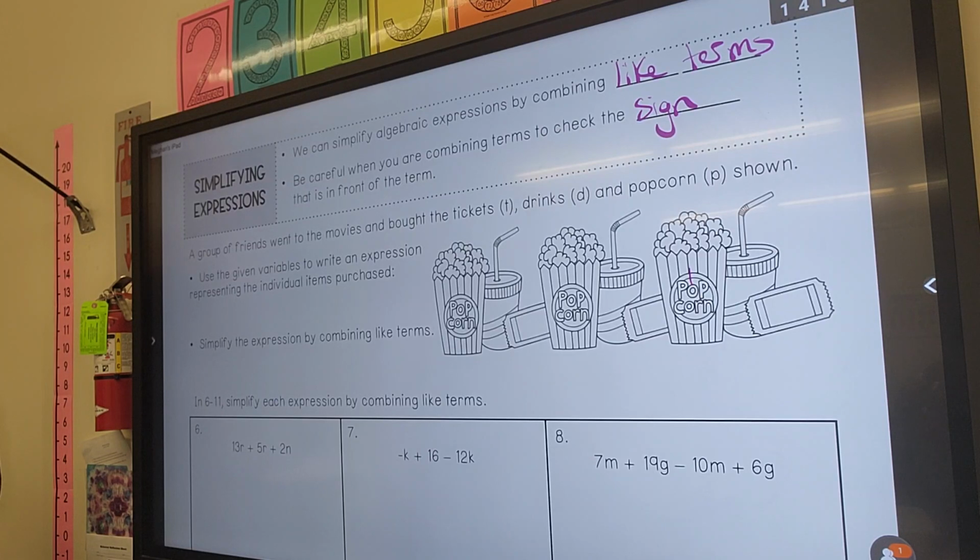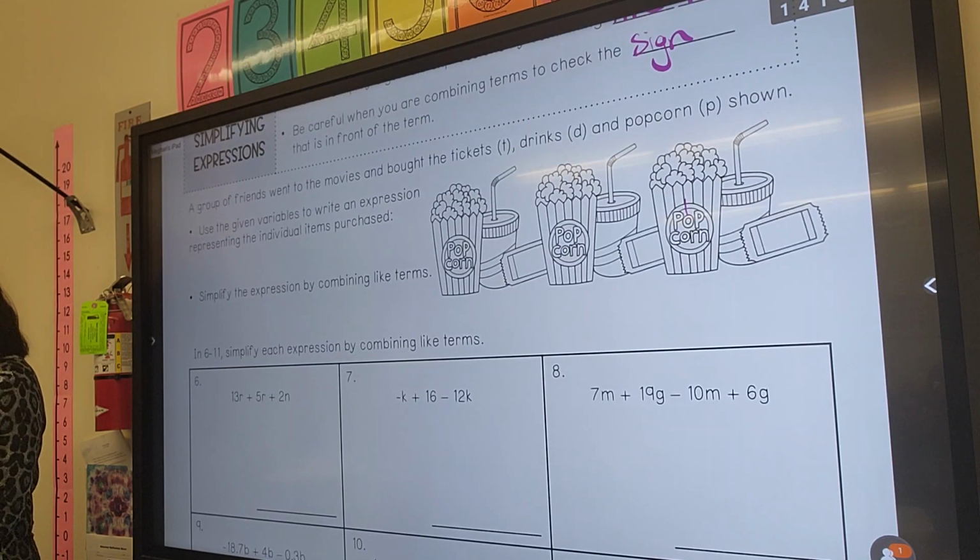We're gonna practice this now with food. So a group of friends went to the movies and bought the tickets T, drinks D, and popcorn P shown. Flip your paper over, please. Use the given variables to write an expression representing the individual items purchased.